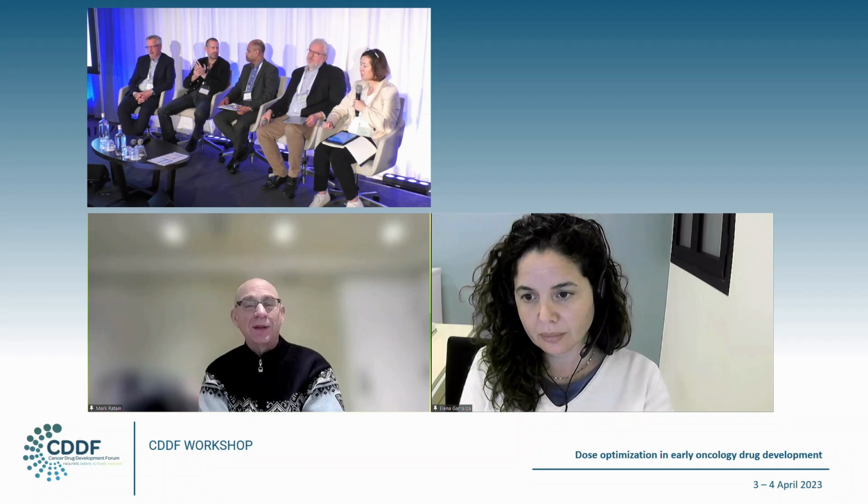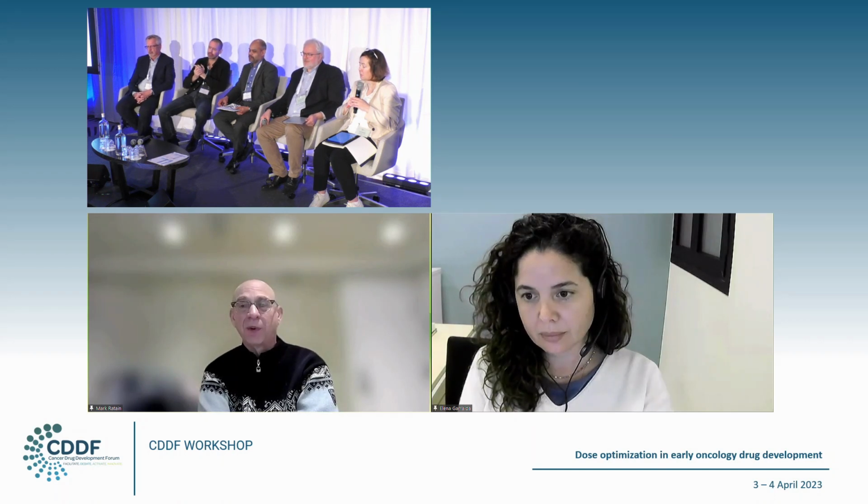And remember, these are drugs that eventually will have to be subjected to placebo-controlled trials in a regulatory context. So I don't see an ethical problem with that. I think it's unethical to administer unnecessary drug that causes toxicities that can even be fatal.